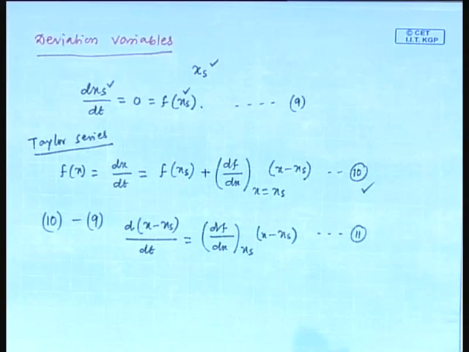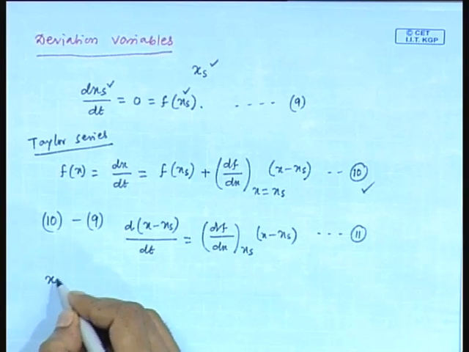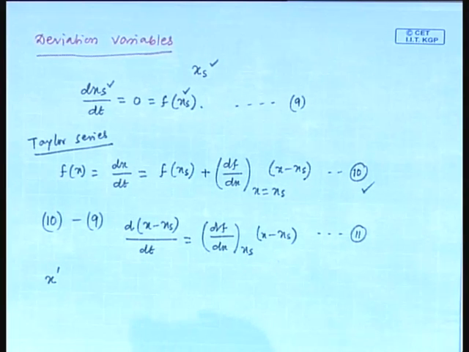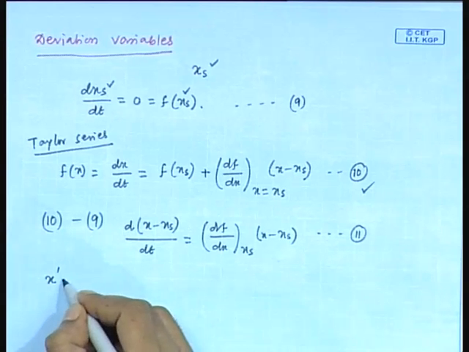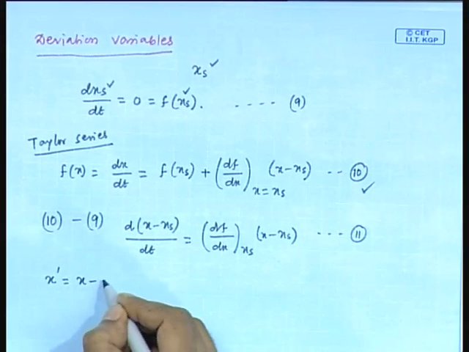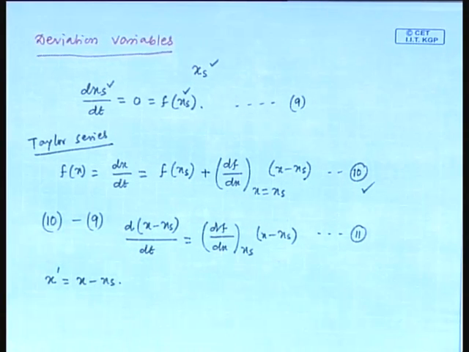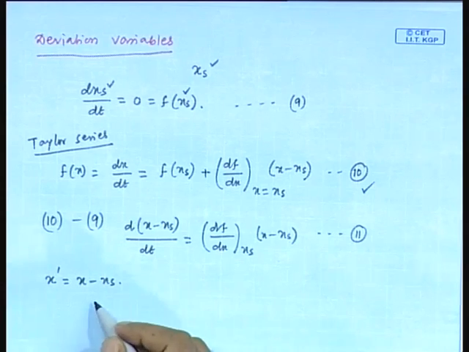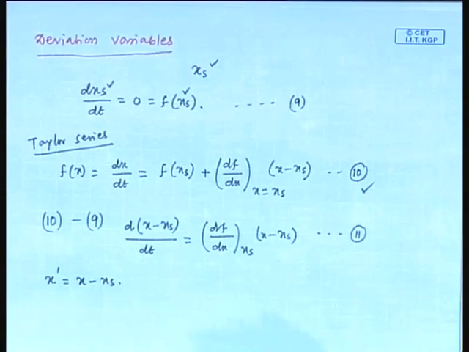Next, we will consider one deviation variable, represented by x prime, equal to x minus xs.